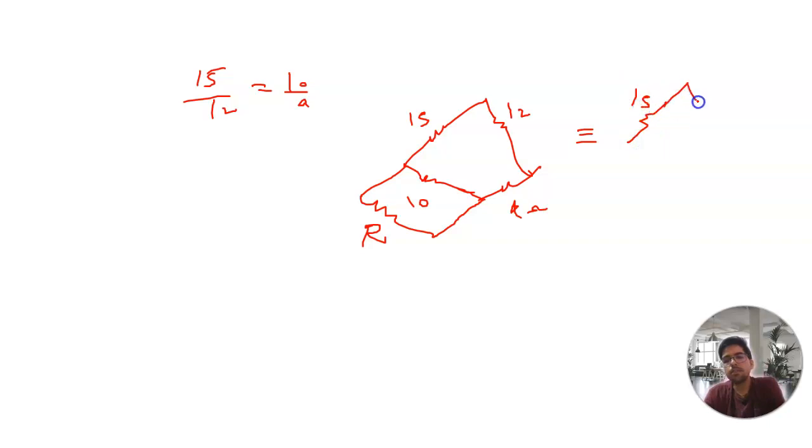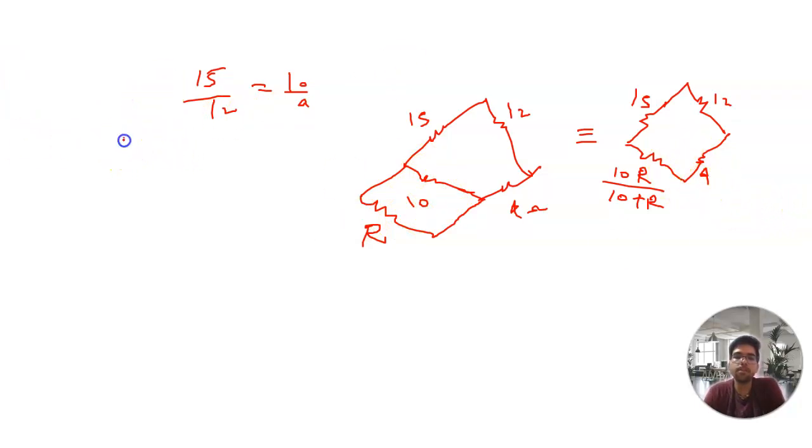Now finally when you add this, you are getting 15, 12, and 10 and R in parallel is 10 into R over 10 plus R, this is 4. They already mentioned that when you add any resistance in parallel with this 10 ohm, the bridge is balanced.